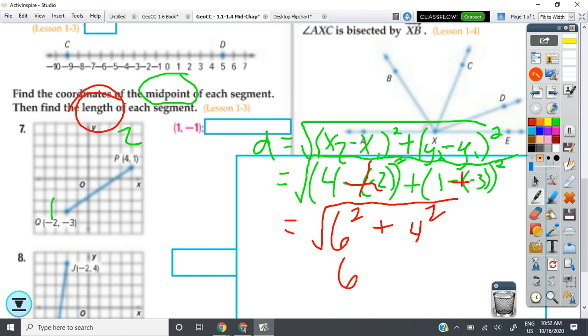You can't do that. You have to do the work inside first. It's just like a parenthesis. It is what we call a grouping symbol. I know we say, please excuse my dear Aunt Sally all the time, but technically it should be any grouping symbol, which is a fraction bar, a square root, parentheses, brackets. There's a lot of different grouping symbols. But okay, so we got 36 plus 16.